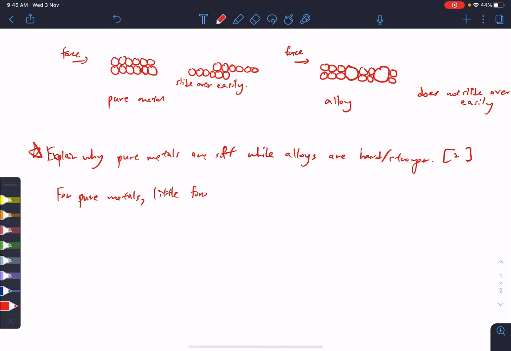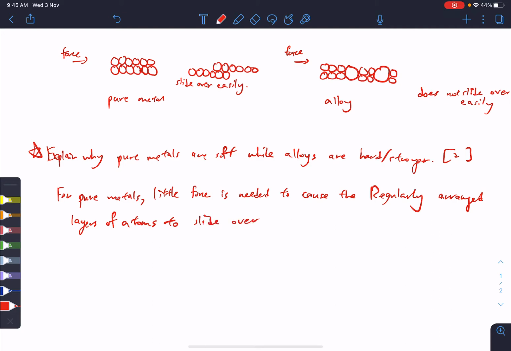Minimal force is needed to cause the regularly arranged layers of atoms to slide over each other. Therefore, it is soft.